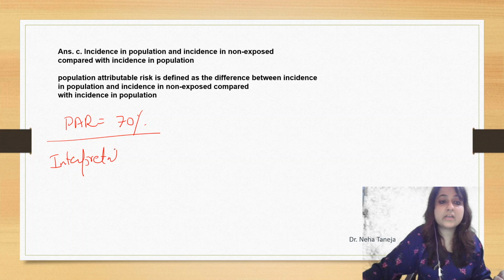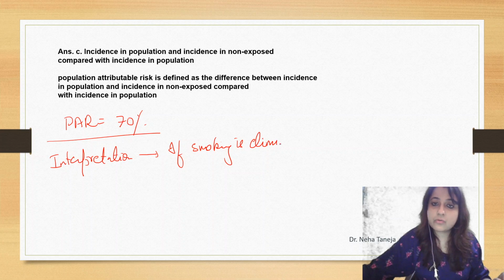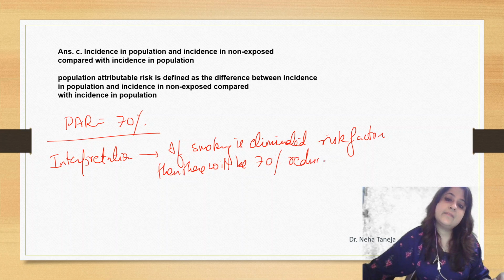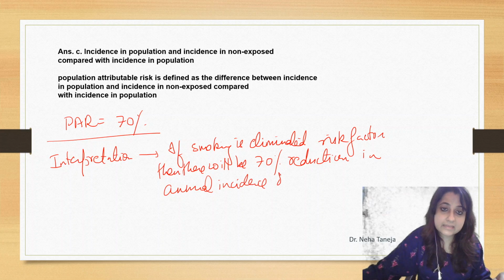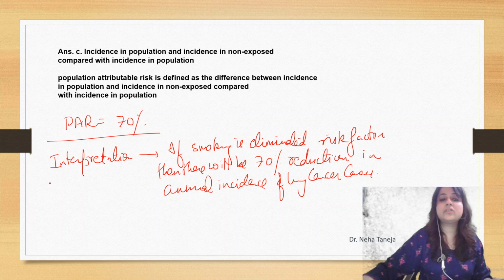It simply means that if smoking is eliminated or modified as a risk factor, then there will be 70% reduction in the annual incidence of lung cancer cases. If we remove or eliminate smoking, there is a 70% reduction in annual incidence of lung cancer cases.